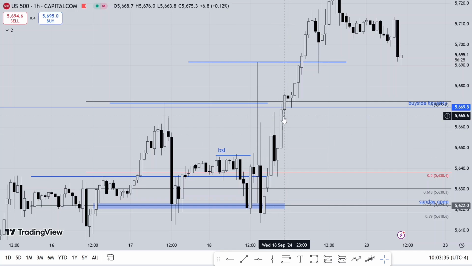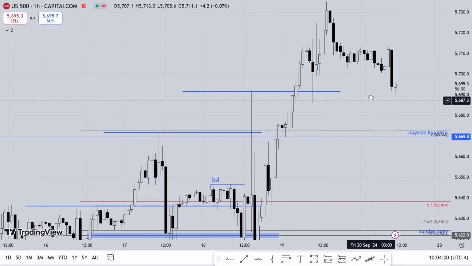There's a narrative in play why this imbalance was left unfilled. Because this imbalance was left unfilled on Tuesday, on Wednesday's trading, going into Thursday's trading, you do not want to see price come for this imbalance again, because we have filled this imbalance here, docked inside of this bullish order block. So price is indicating bullishness in the algorithm.